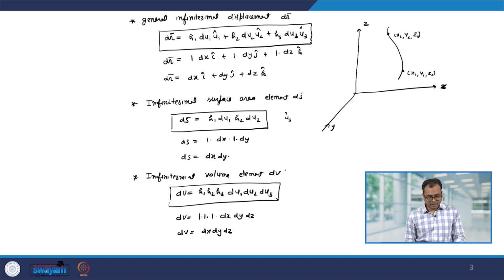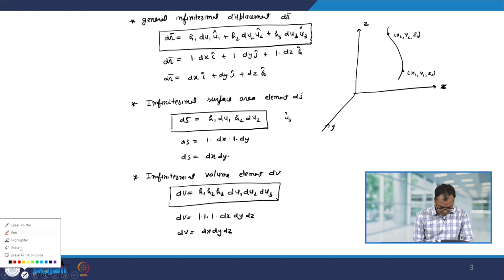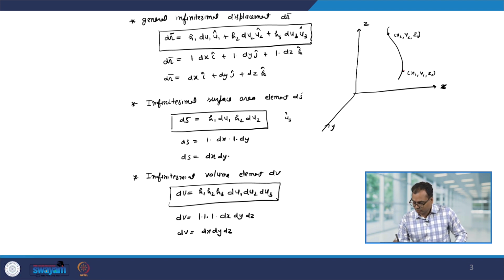Then look at the unit vectors. So, here the unit vectors are i, j and k, and when it goes to a different point, then again the unit vectors are i, j and k.